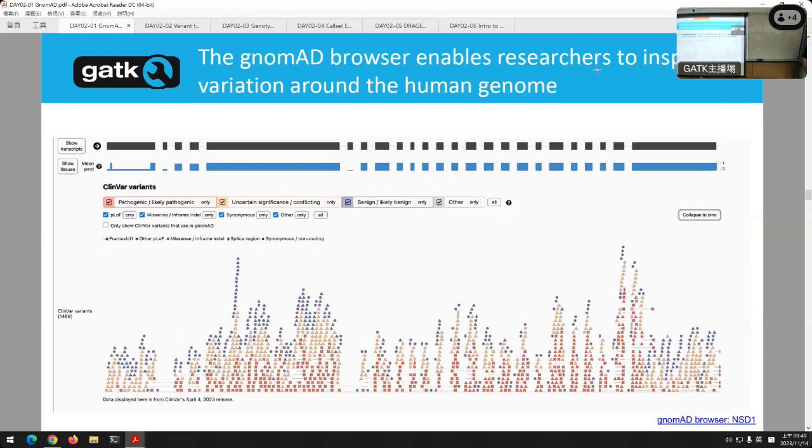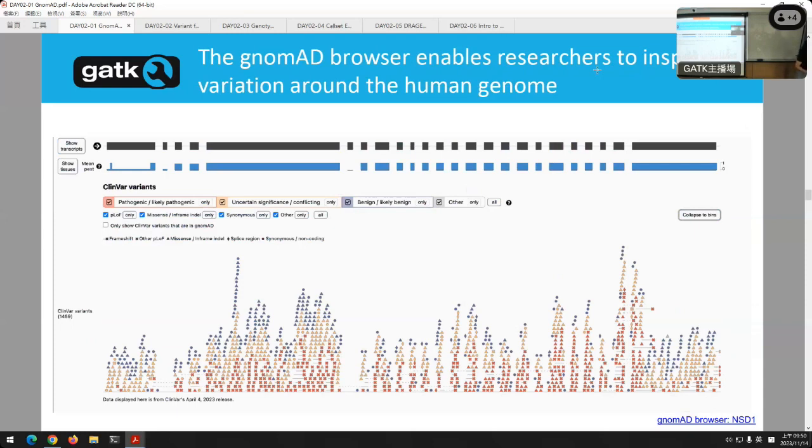Below that, we are looking again at variants that were reported in the ClinVar database. And we can see that some of those were reported to be pathogenic or likely pathogenic. Some of those were variants of uncertain significance, or there were conflicting reports of pathogenicity. And some of those were reported as benign or likely benign. They were ruled out as being causes of disease.